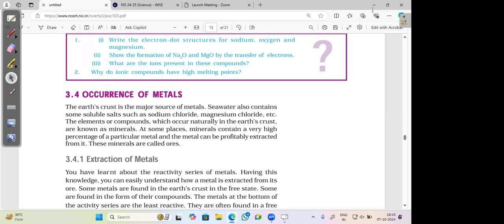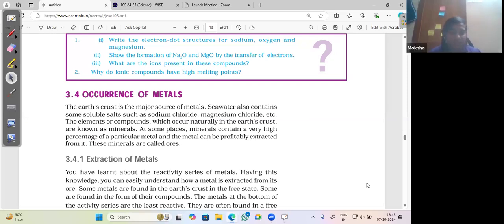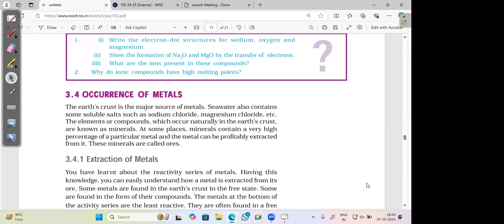Then why do ionic compounds have high melting points? Moksha? So because of the more stable. Why they have high melting points?